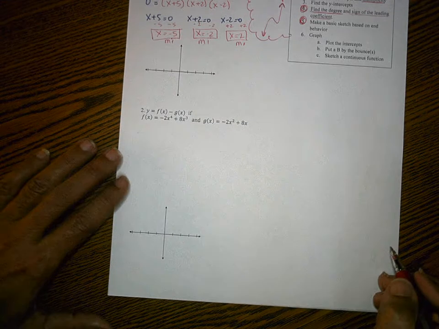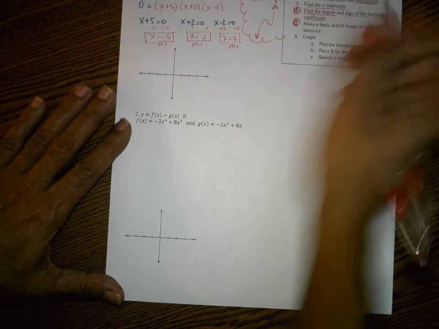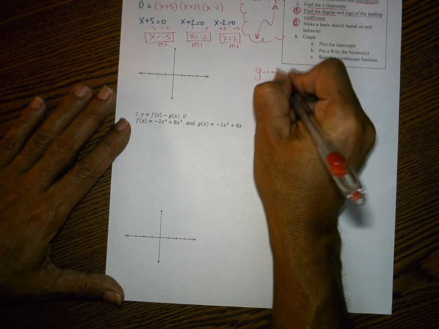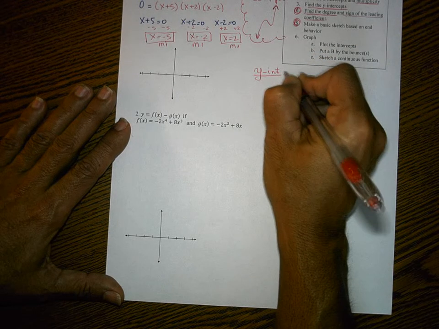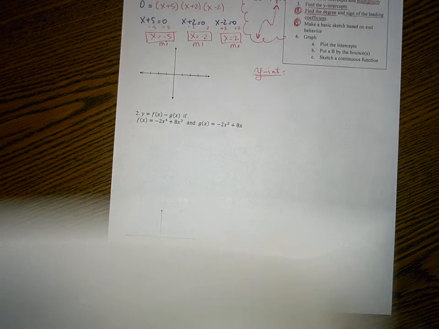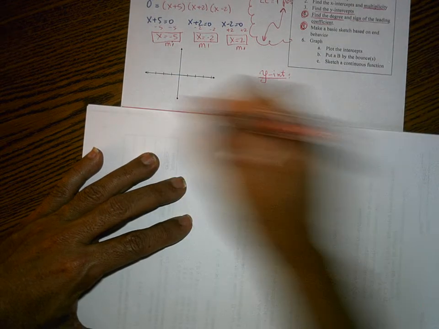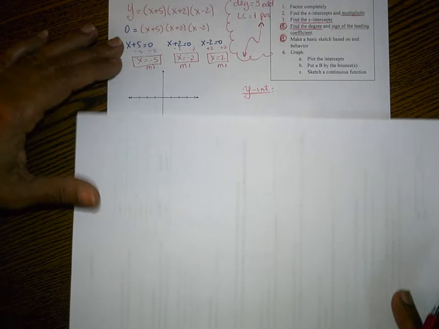Before we go, we've got to find the y-intercept. Okay? You have two options, and I'm going to do both for you to see. You can either use the original standard form, or you can use the factored form. They're equivalent.